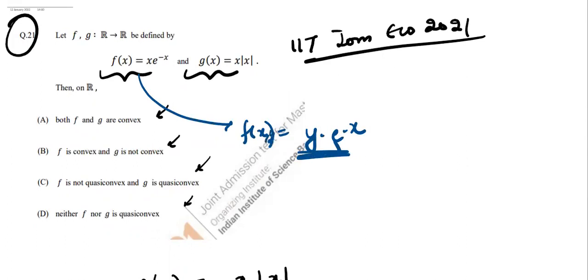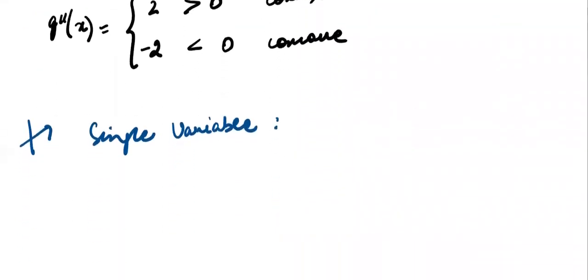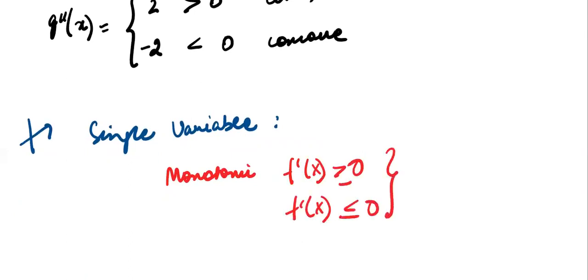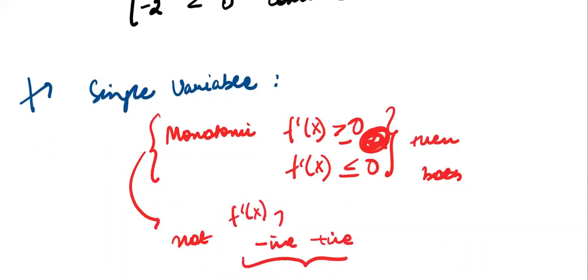But as long as it is a single variable, the rule is that if your function is monotonic, which means f dash x is greater than or equal to 0 or f dash x is less than or equal to 0, increasing or decreasing, one thing, then your function is both quasi-convex and quasi-concave. If it is not monotonic, it fluctuates, sometimes it takes negative sign, sometimes it takes positive sign, in first order differentiation, then neither.